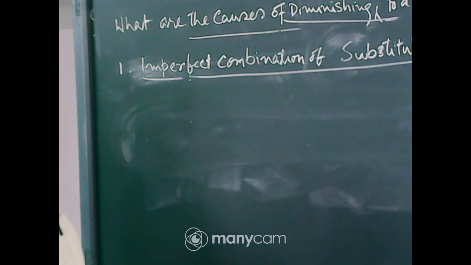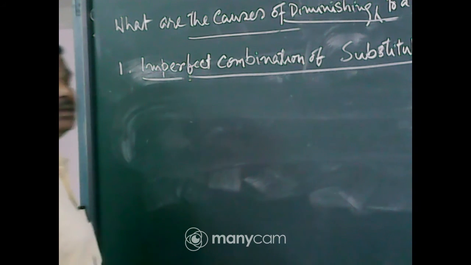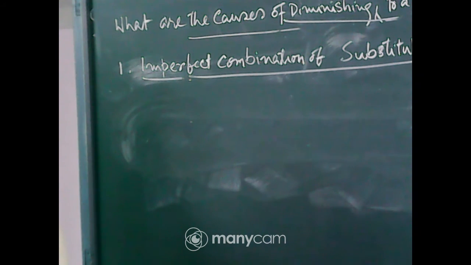No, machine work cannot be done by the labor or worker desirably. Desirable result will not come out. Therefore, imperfect combination of substitutability among the factors of production is the reason behind the diminishing return to a factor.